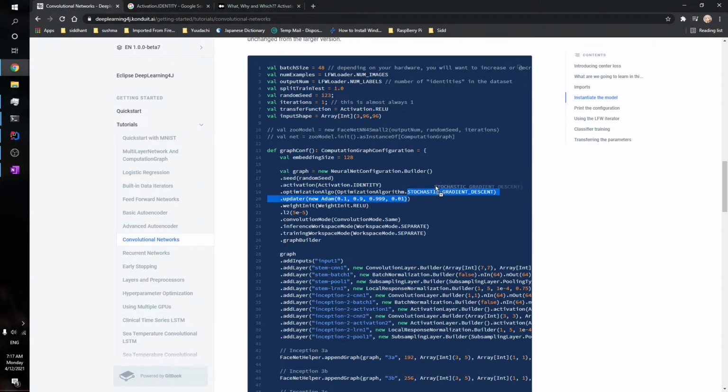I have your gradient descent. You have your new updater as an item.